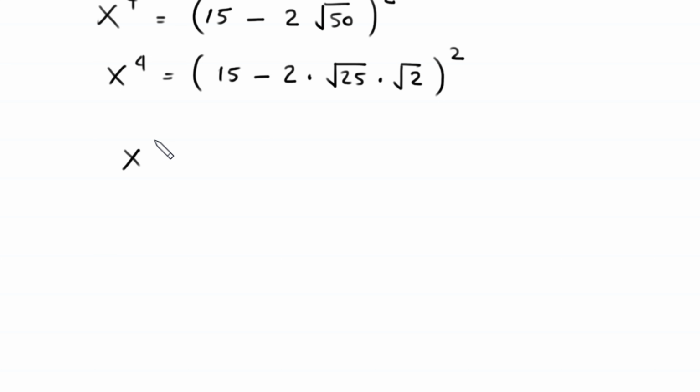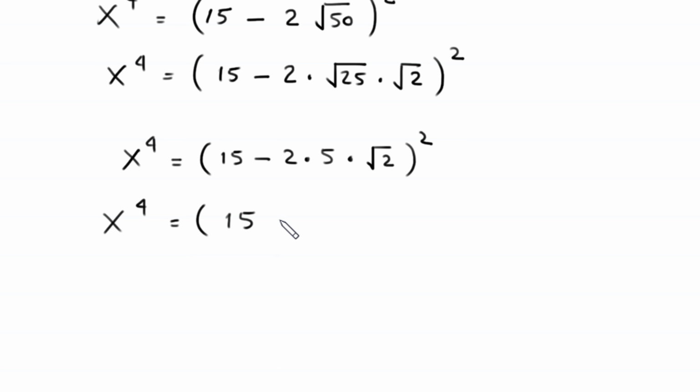Next, x to the power 4 is equal to, this will become 15 minus 2 times root 25 is 5 times root 2 whole squared, and x to the power 4 is equal to 15 negative 2 times 5 negative 10 times root 2 whole squared.